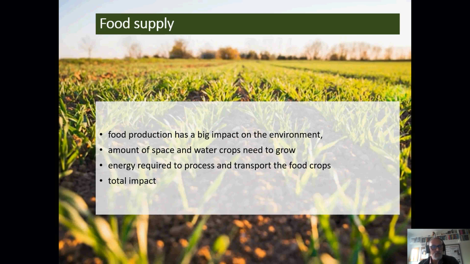So we talk about the so-called Green Revolution, back in the 1960s and 1970s, when agriculture made some really major strides in terms of improving yields above all.